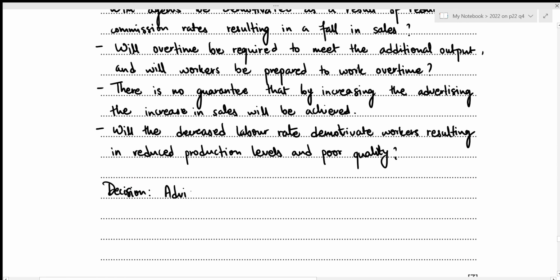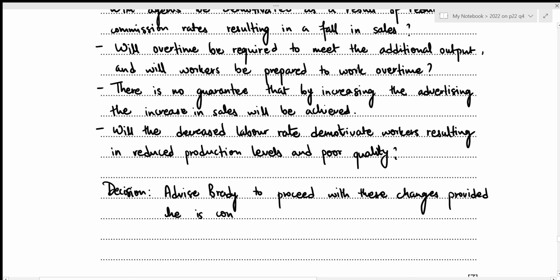Advise Brady to proceed with these changes, provided he is confident he can produce the increase in monthly sales of 1,000 units.